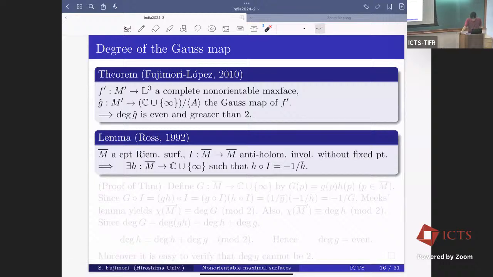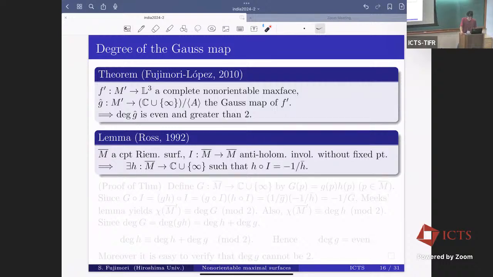And to prove this, we use this lemma. This was proved by Ross in 1992. Let M bar... This is Marty Ross.